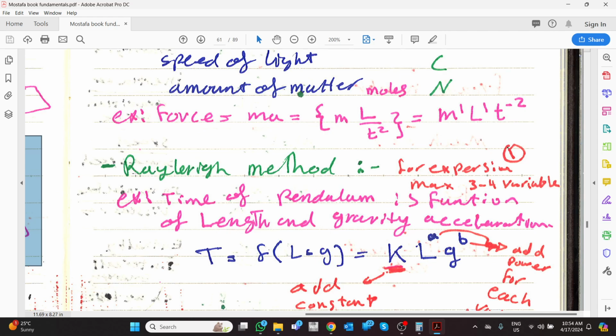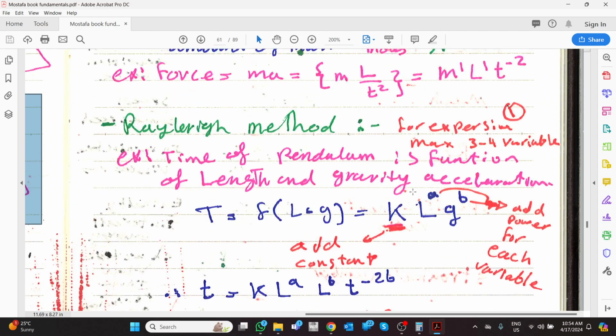In Rayleigh's method, you will write that the periodic time of the pendulum is a function of length and g. The method is you need to write a constant: the first parameter to the power a, the second parameter to the power b. We don't know what a is, what b is, and we don't know what k is.